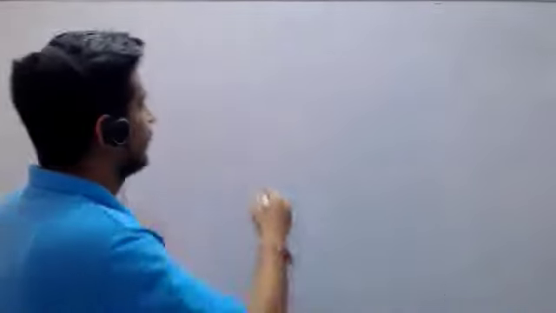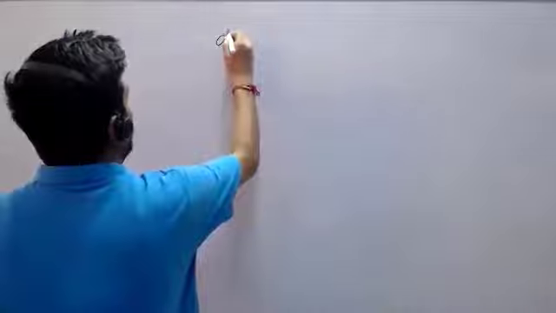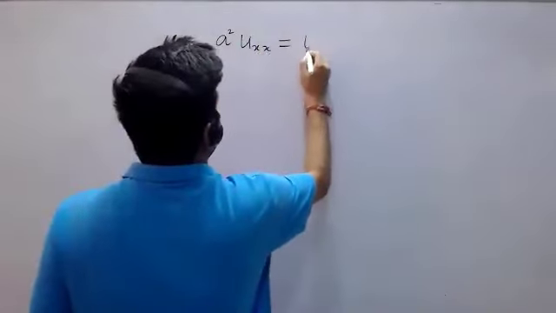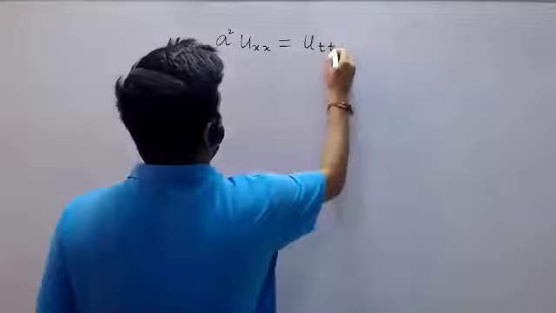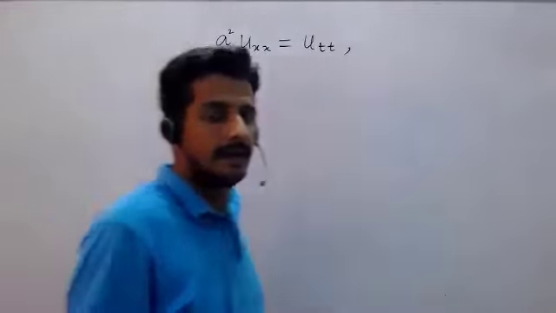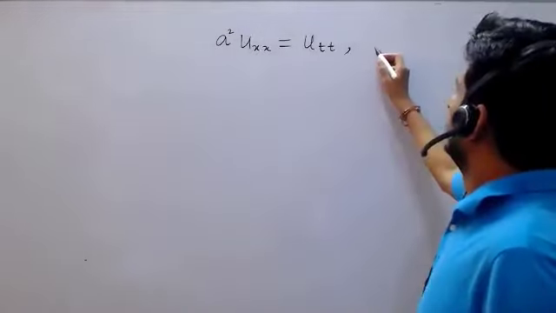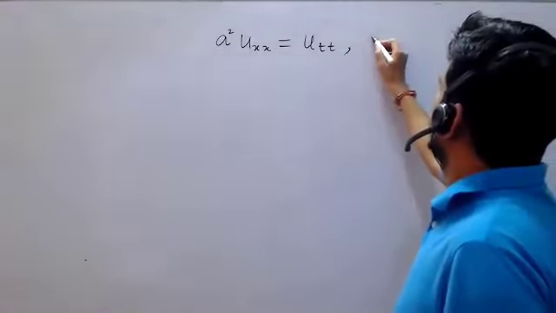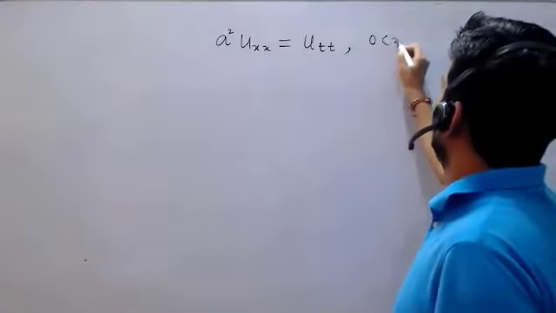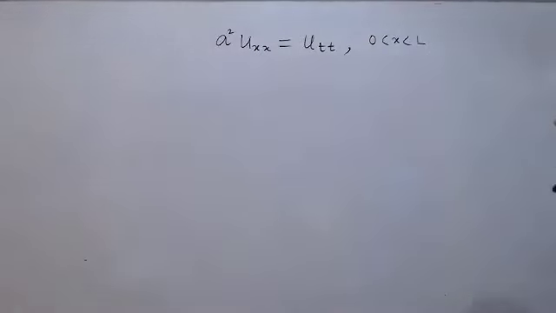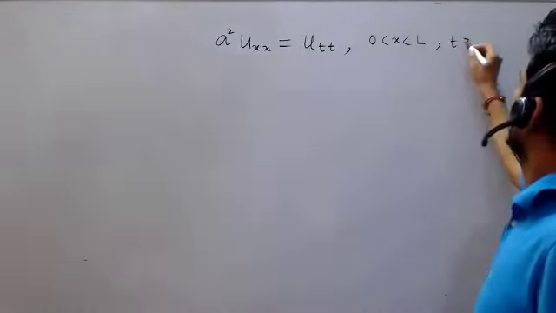We solved the undamped wave equation, and that was like this: a square uxx is equal to utt, where the value of x is between 0 to L and the value of t is greater than 0.